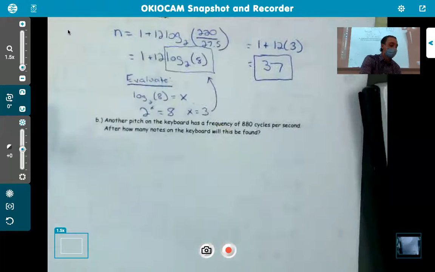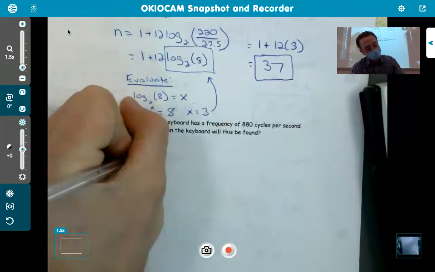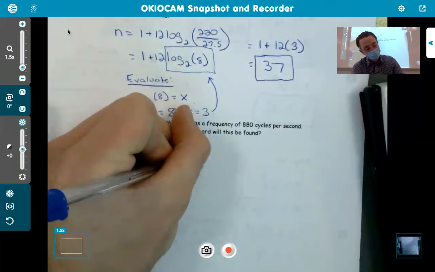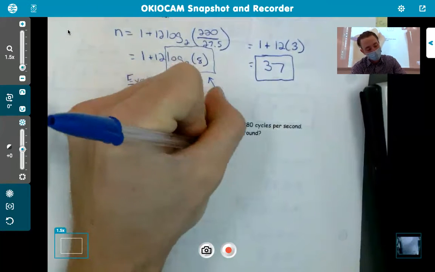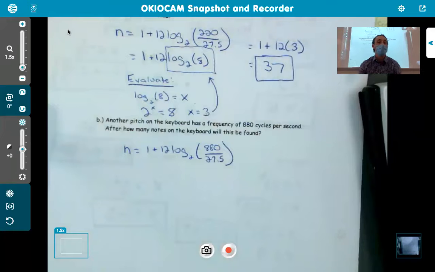Very similar problem, except now we're talking about 880 cycles per sound. So we're going to use the same equation, but just plug in 880 wherever we see F, because that's the frequency. All right.